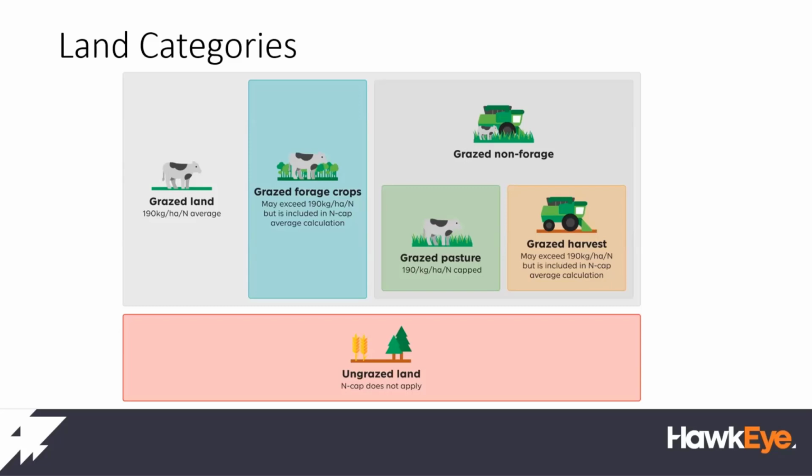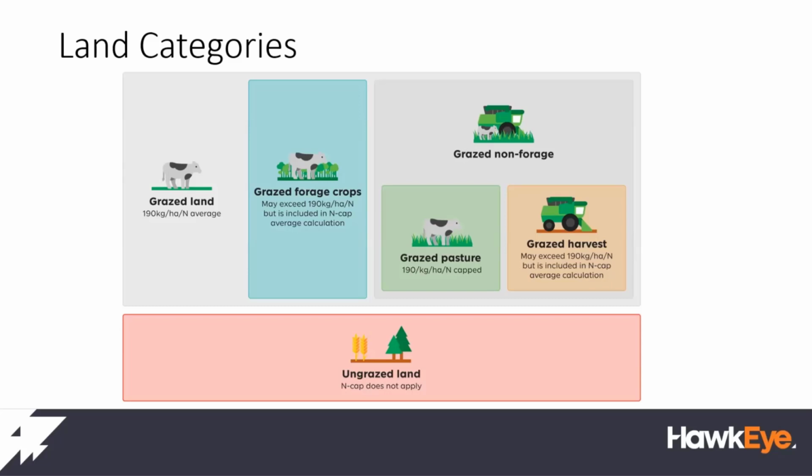Now, not many dairies will have that type, but it is there because obviously the rule still applies to everyone 20 hectares and over, but this year and next year it is only dairies that are required to report. The other category that fits there is ungrazed land, which the NCAP does not apply to.